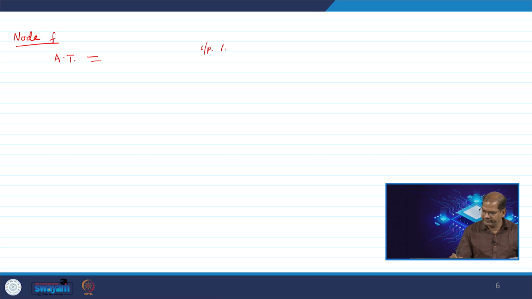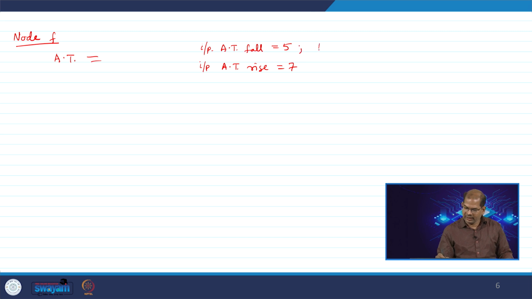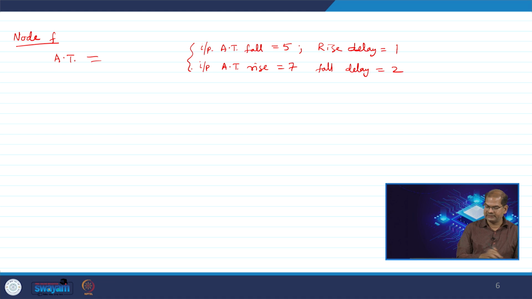Input arrival time fall is 5, input arrival time rise is 7, then the rise delay of the inverter is 1, and the fall delay of the inverter is 2. So, if I do these additions, the arrival time at node F is 5 plus 1, then 7 plus 2, which is basically 6 by 9. So, this is my arrival time.